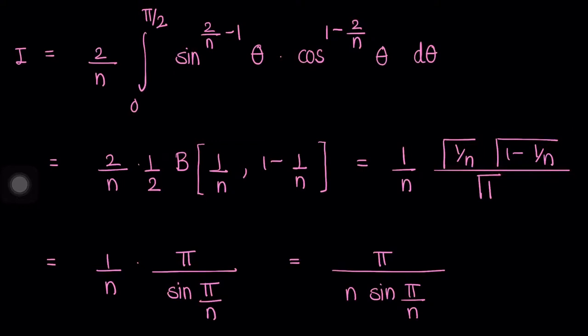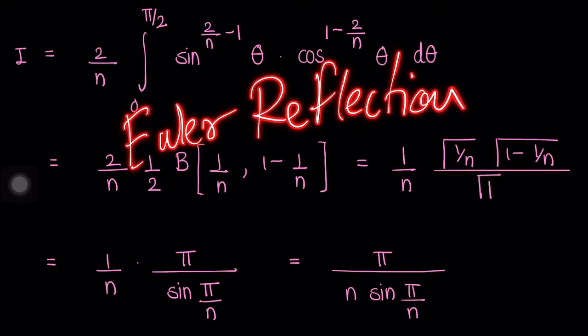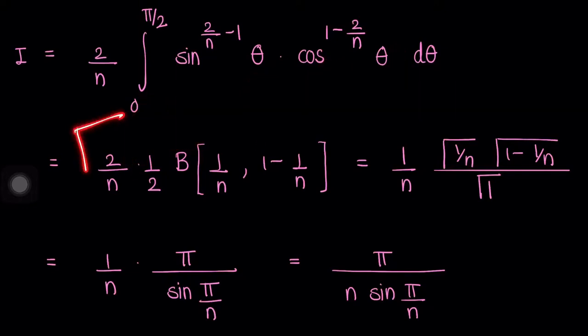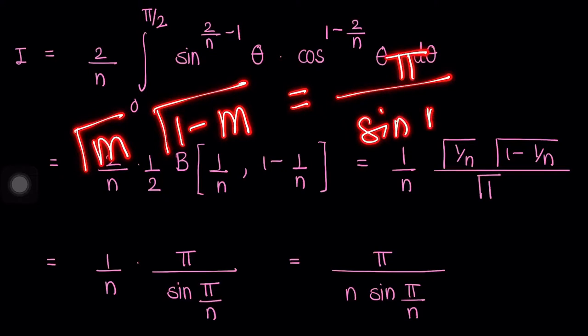Now here we are going to use the Euler's reflection formula, that is gamma of m into gamma of 1 minus m is equal to pi upon sine of m into pi.